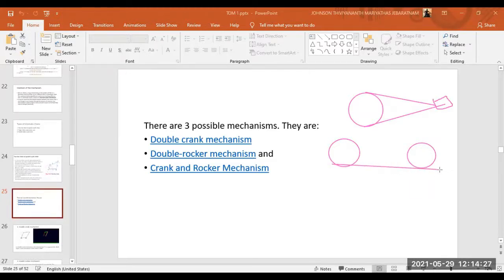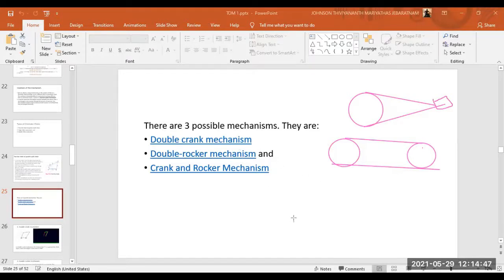If I consider this as the frame and this as the connecting rod, these two should make a complete revolution. That is what is meant by double crank mechanism. There should be two cranks. Another mechanism is called double rocker mechanism.